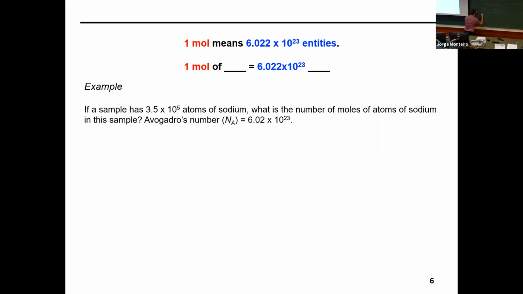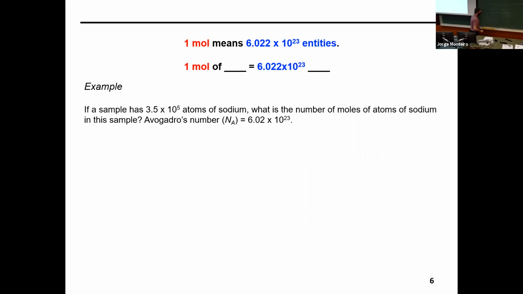I don't know the number of moles in 3.5 times 10 to the 5th atoms. Each simple proportion, whatever happens in one side has to reflect on the other side.